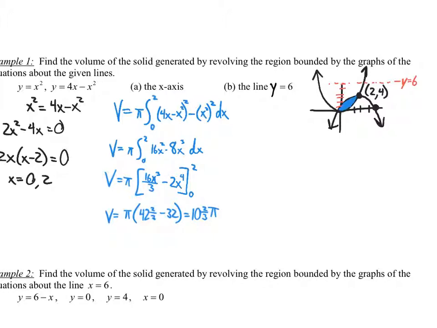Okay? Because if I want to revolve this around y equals 6, up here, it's going to look something like this. And the outside is going to be curved like this. The inside will be curved like this. Notice what you revolve it around changes the entire look of what this thing is.